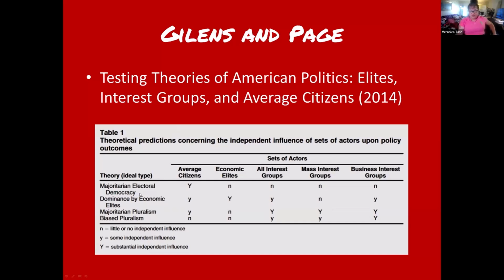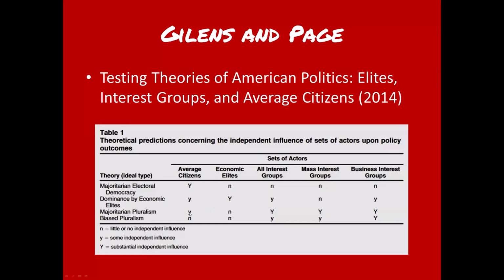Majoritarian electoral democracy is one. That's where the average citizens have all the power. That's what we like to think that we are. Then you have dominance by economic elites, where you have some influence by citizens and interest groups, and business interest groups, of course, but the majority of it by economic elites.